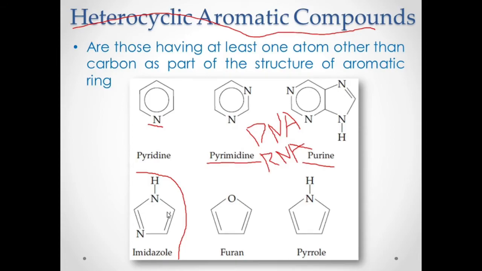That's why those drugs used to treat ulcers and hyperacidity have "zole" in their names, like your pantoprazole. I forgot the other names of those that can treat ulcer, but they end with zole.